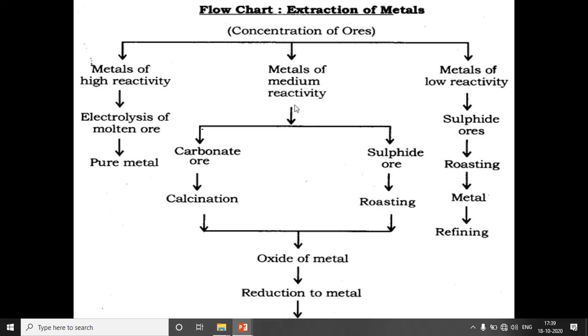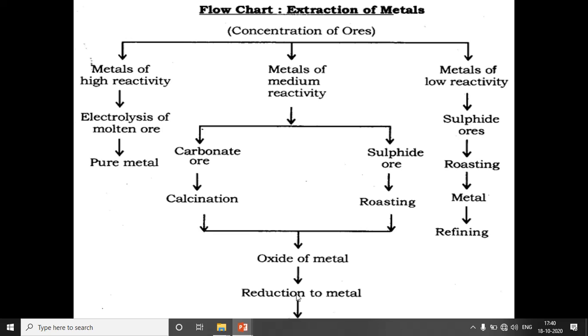Okay, and metals of medium reactivity involve these steps. If it is in the form of carbonate ore, we will undergo calcination during the extraction. If it is available in the form of sulfide ore, we will undergo the process called roasting, and after that it can be converted into oxide of metal.